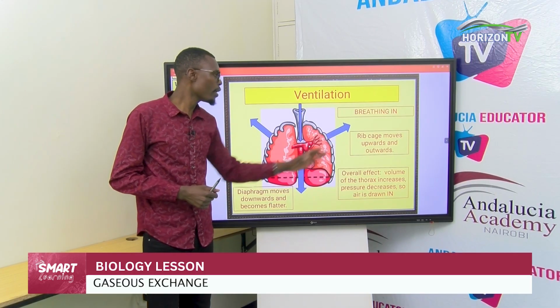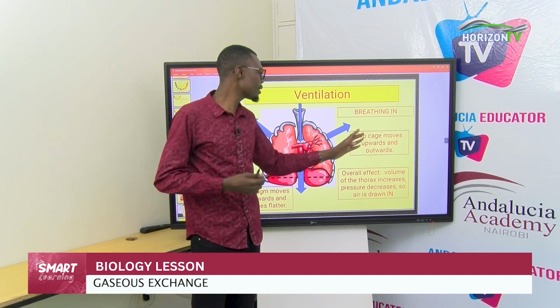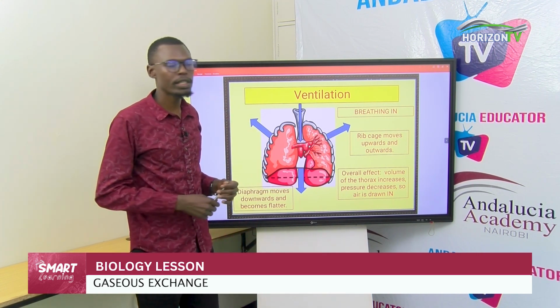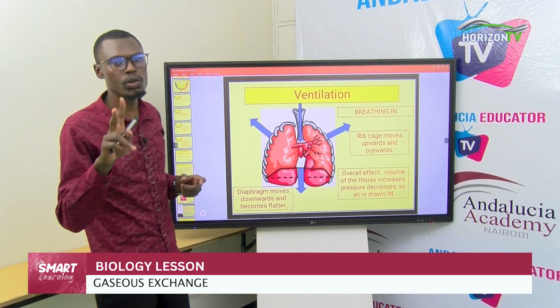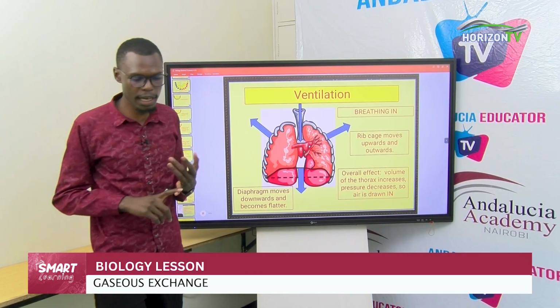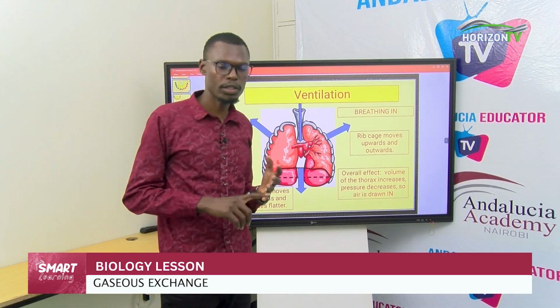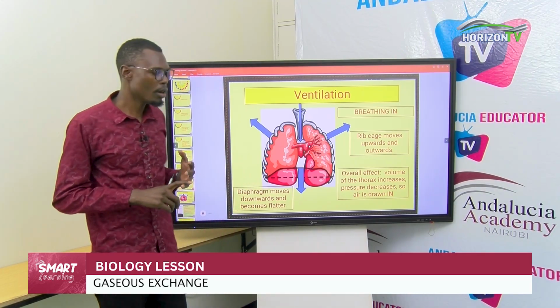So I've said the rib cage moves upwards and outwards. What about the intercostal muscles? There are two types of intercostal muscles. One, we have internal intercostal muscles. Two, we have external intercostal muscles.